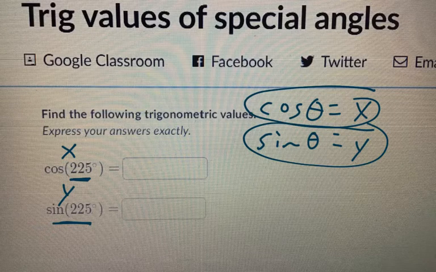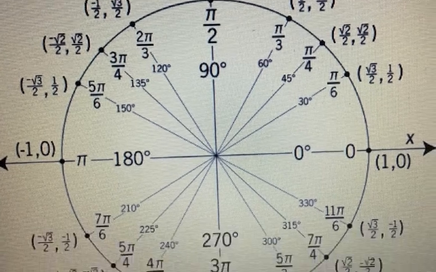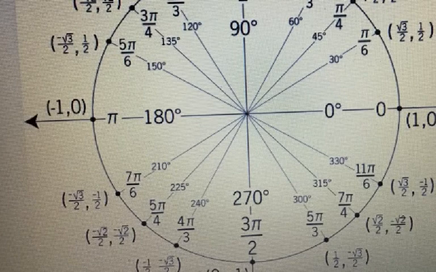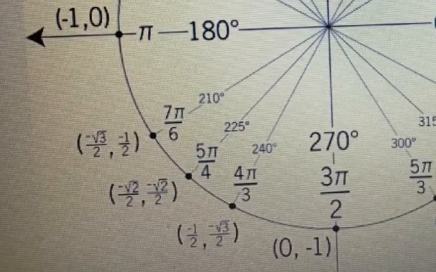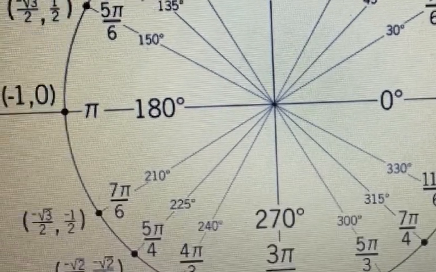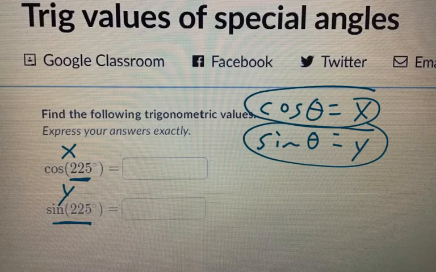Now, if you're IM2, you're going, well, how do I do this, right? This is confusing already. The teacher gives you a unit circle, like this one right here. Okay? And here's our unit circle. I'm going to zoom in a little bit further here, guys, because we're going to focus on one quadrant at a time. But anyways, where is 225 degrees?